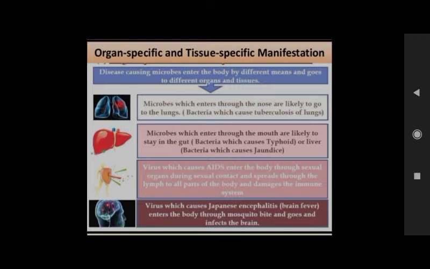Okay, fine. And if the virus, or we can say the microbe, is entering through a mosquito bite and goes and infects the brain, for example, one case, encephalitis, that is called brain fever.